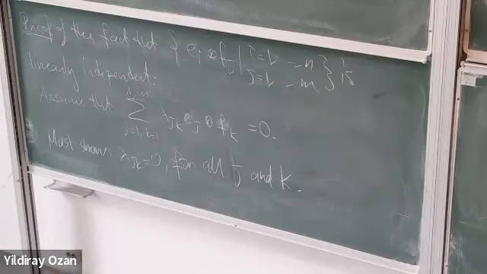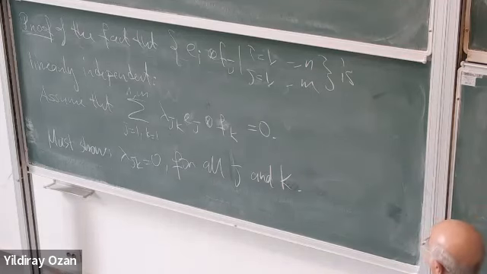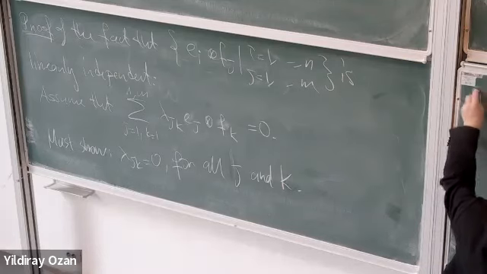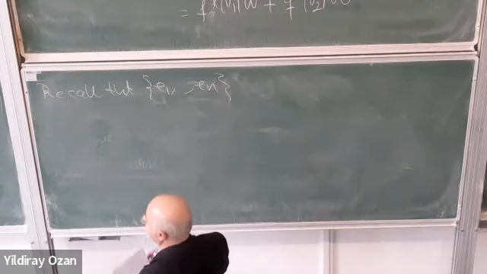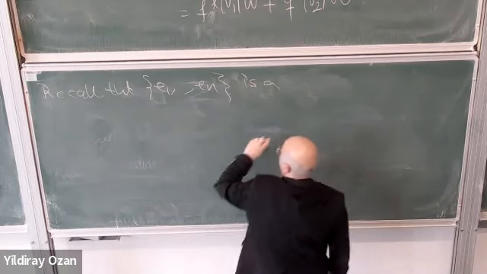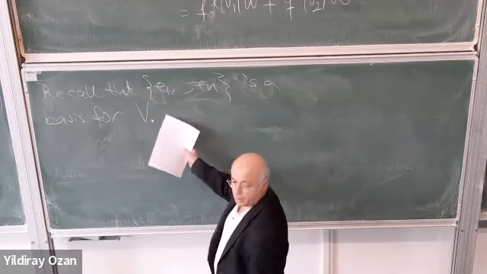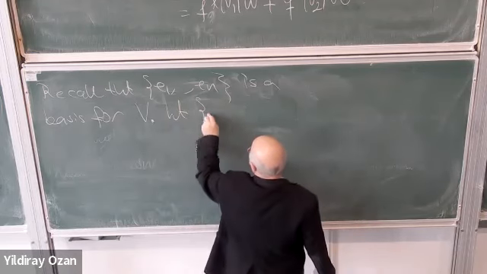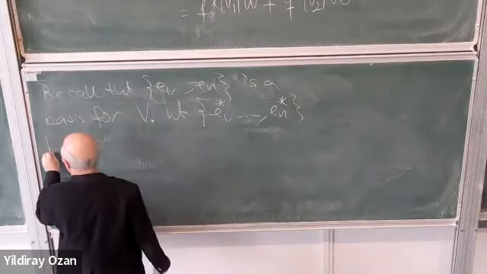Here is what we will do. Now, we had, we called it E1 to En, is a basis for V. Let V1 star to Vn star be the dual basis.